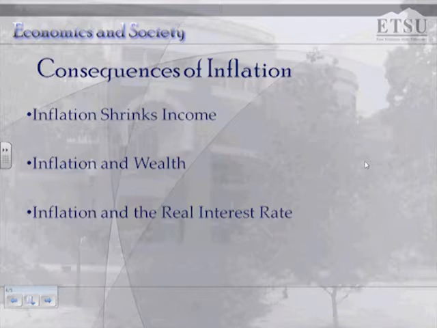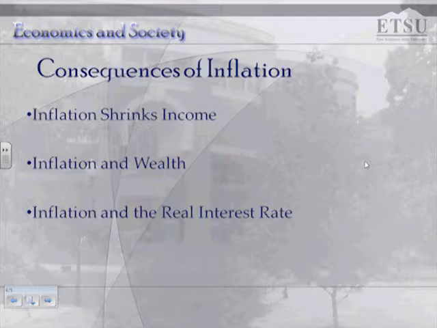I think it's obvious that if you earn $50,000 year after year, and the prices of things that we purchase increase year after year, you can now buy less stuff with the same amount of money, which means that you're effectively worse off. That is, your nominal income has stayed constant at $50,000, but your real income, the amount of goods and services that you can purchase with that $50,000, is going to decrease over time.